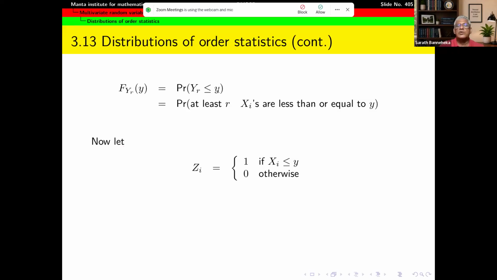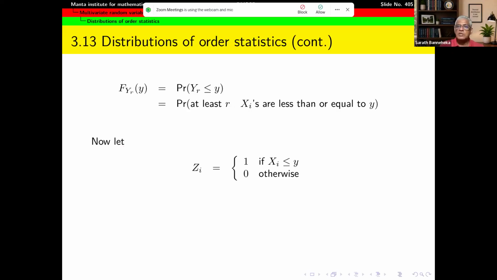So Yr is less than or equal to y if and only if at least r of those X1 up to Xn are less than or equal to y. Right? Yr will be less than or equal to y if and only if at least r of those X1 up to Xn are less than or equal to y.